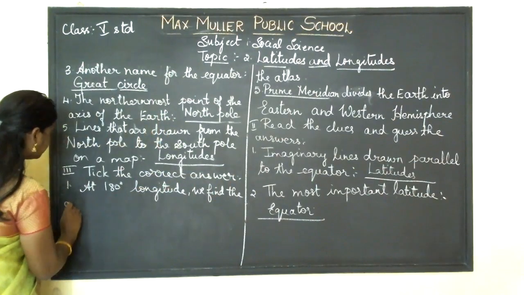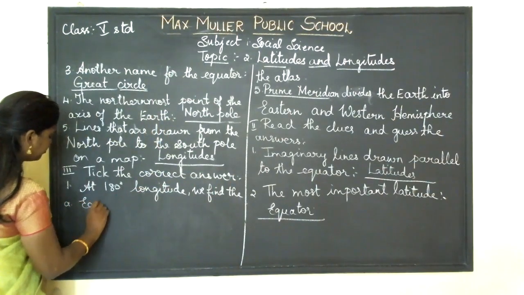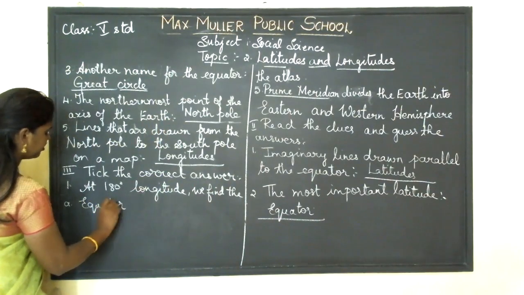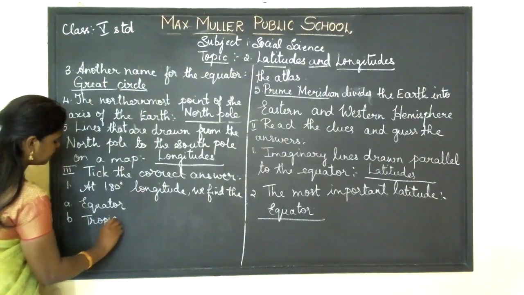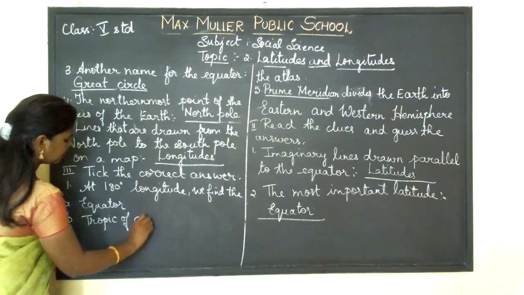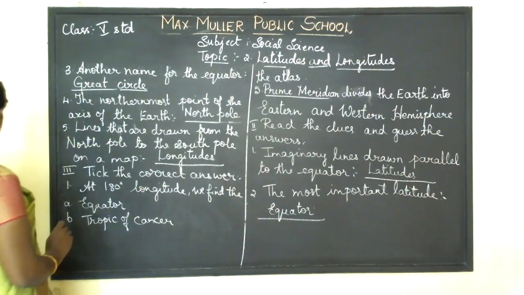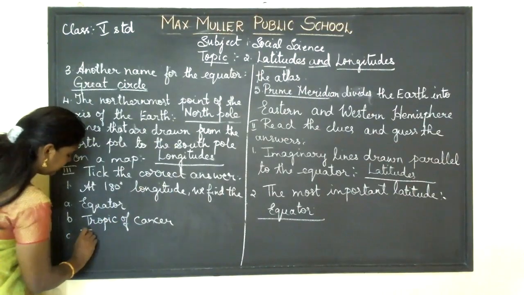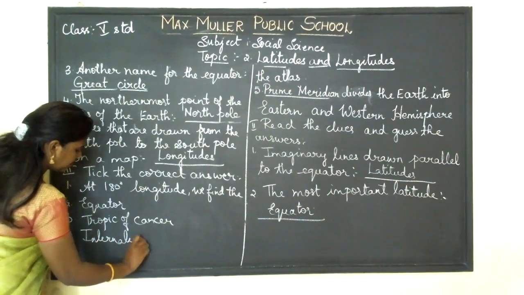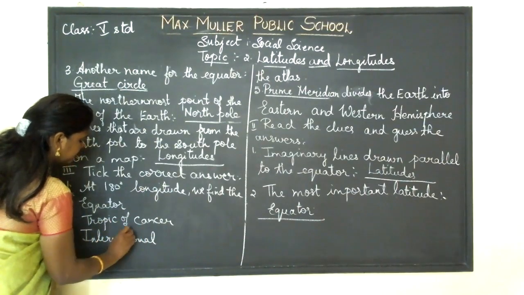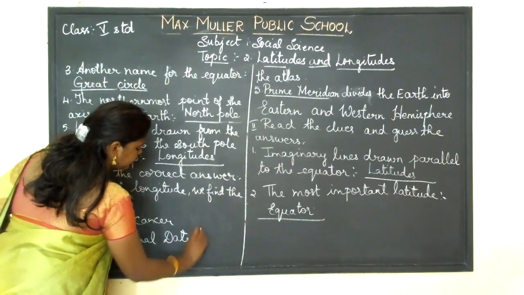So options are equator, Tropic of Cancer, and the last one will be the international date line.